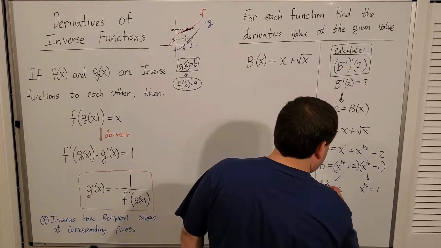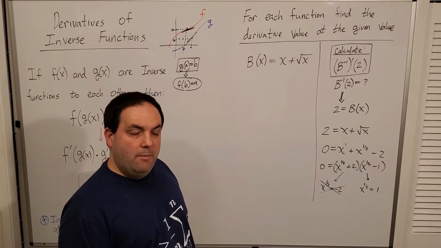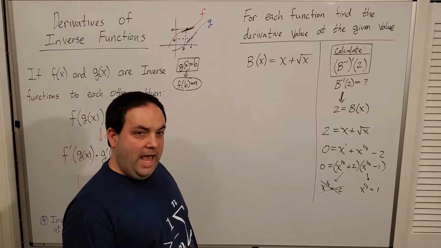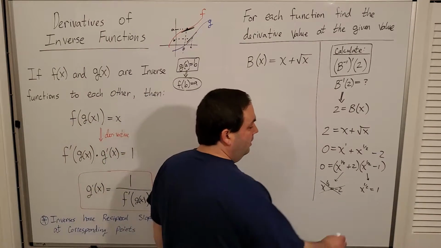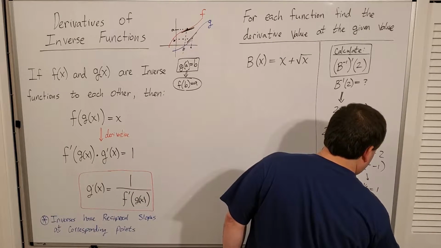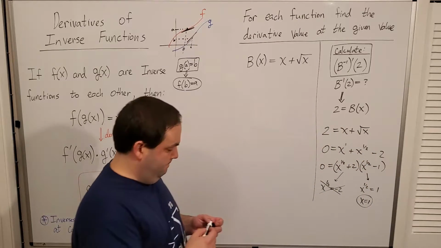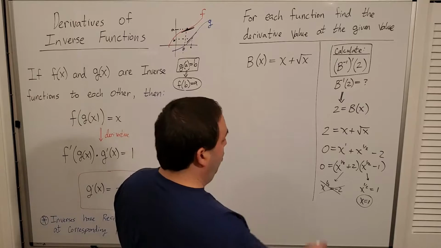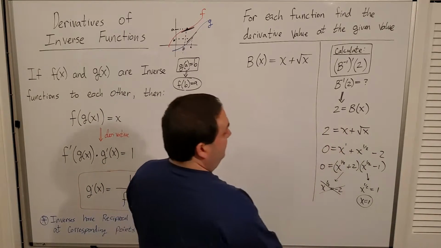So this solution is no good. It would have to be imaginary for that to happen, and we're not dealing with imaginary values here. On this one, however, this is just telling me that x is equal to 1. So x equals 1 is the solution that goes with this.